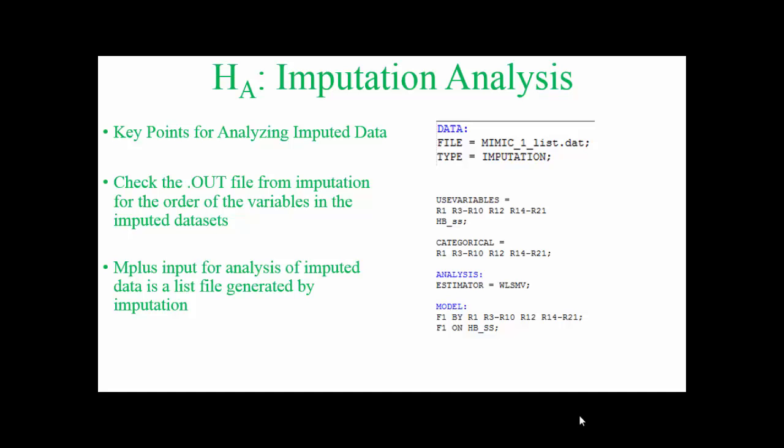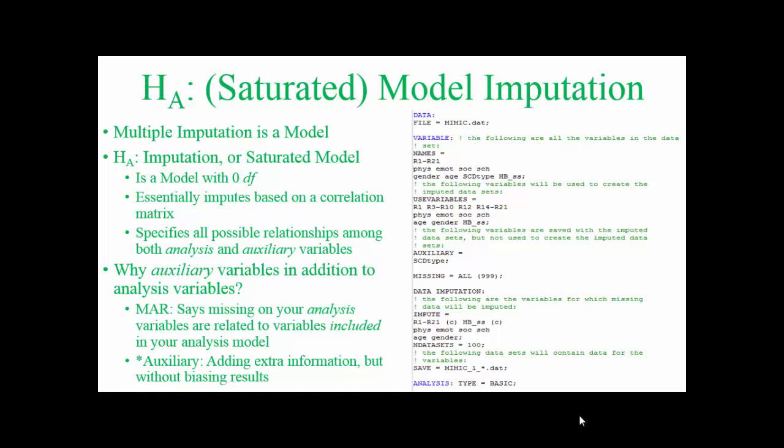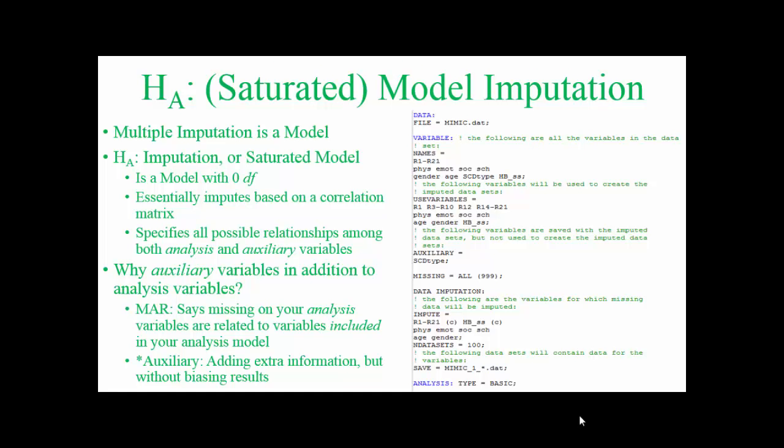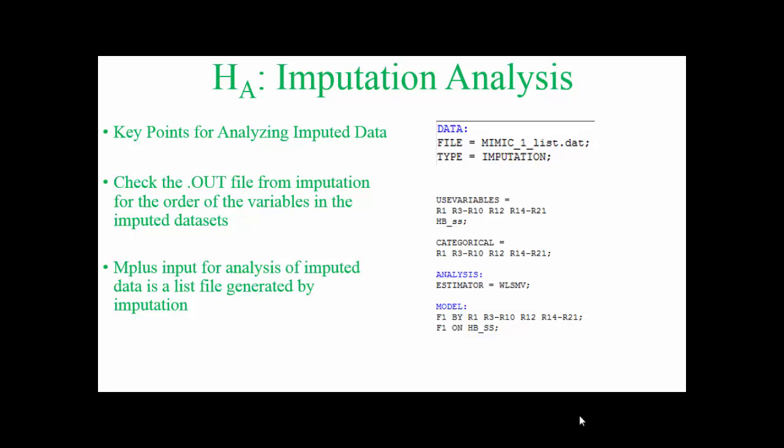Well, it's because they tried to use the same variable statement in the imputation as in the analysis, and they don't realize that in the imputation, Mplus may or may not keep the same order of variables. So check the out file for the imputation to see the order of the variables that Mplus has put your variables in. Then read them in that same way.